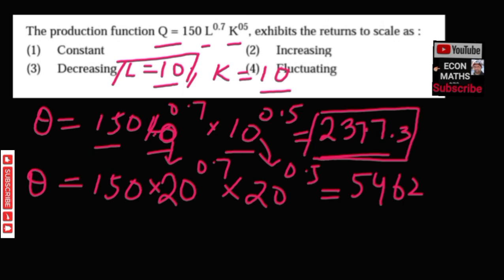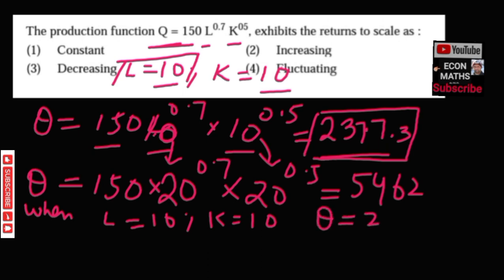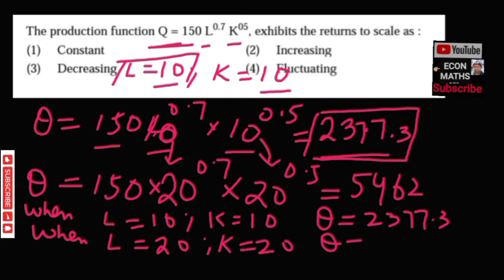So when L was equal to 10, capital was equal to 10, and other things were same in this production function, our Q was 2377.3. When we doubled the labor, that is L was 20, and K was also doubled, that is K is equal to 20, our output was 5462.